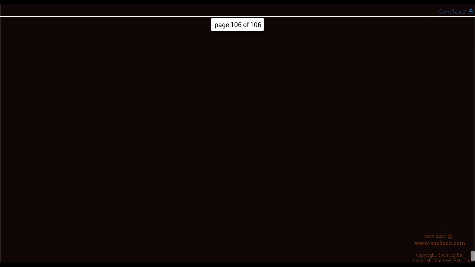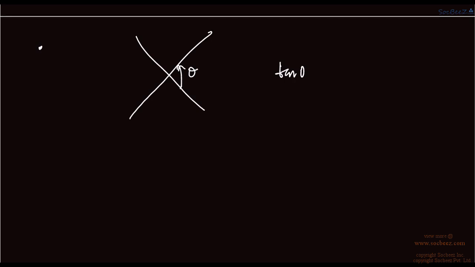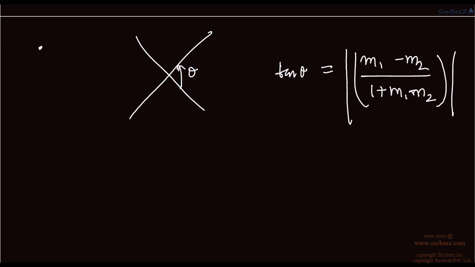The next formula is the angle between 2 straight lines. Let's see that. If we have 2 straight lines, this is the angle between them, the intersecting angle. This angle is given by tan theta is equal to m1 minus m2 upon 1 plus m1 m2, and the mod of this value.